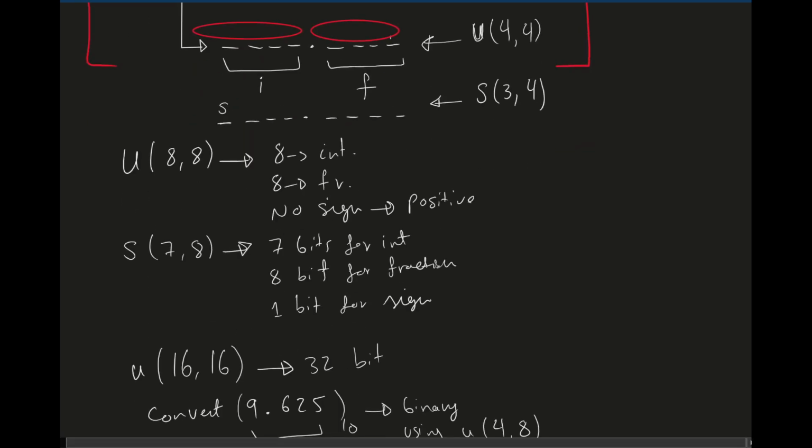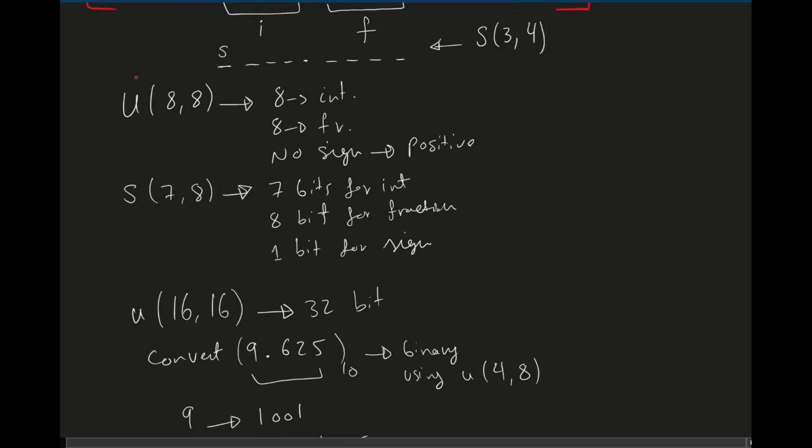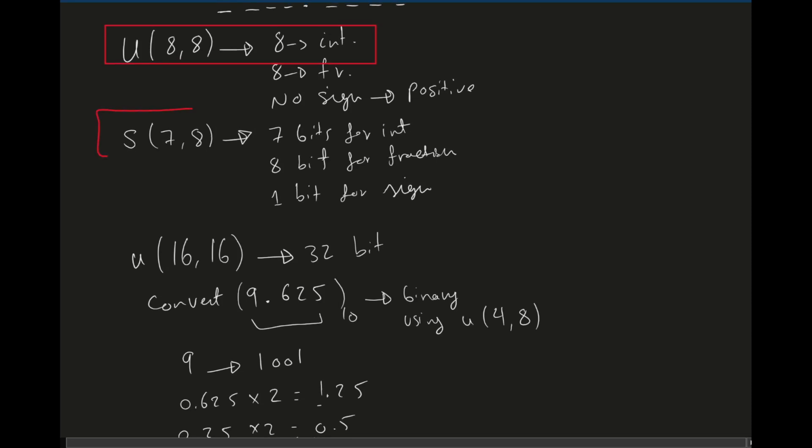And then we said there is an unsigned representation. We had an example of unsigned 8,8. We had another example of signed 7,8, which makes the number still a 16-bit number and has 1 bit for the sign, 7 bits for the integer, and 8 for the fraction.